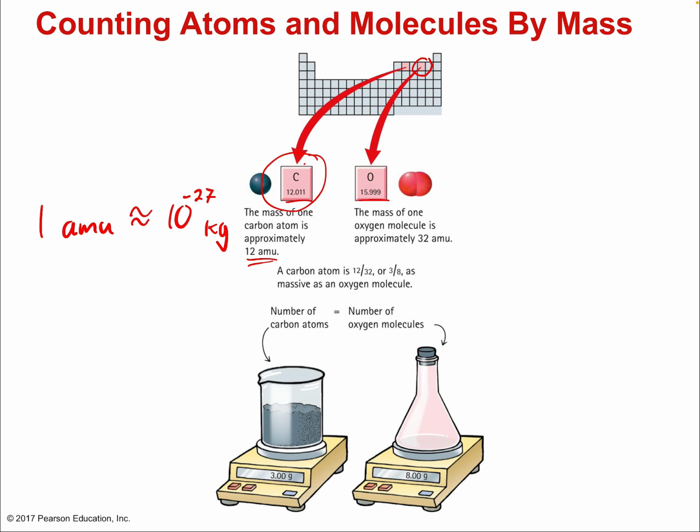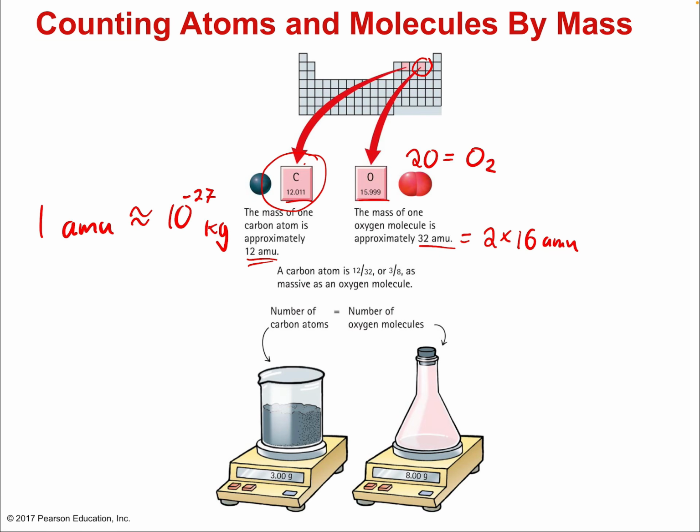However, oxygen, unlike carbon, really never comes by itself. It's always in a bond with another oxygen, and it becomes O2. And O2, which is the molecule we care about for practical purposes of chemistry, is always going to be two oxygens, therefore it's equal to 2 times 16, or 32 AMU, because it's 2 oxygen.